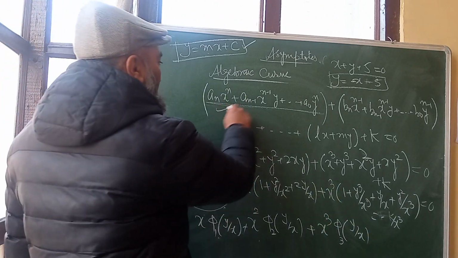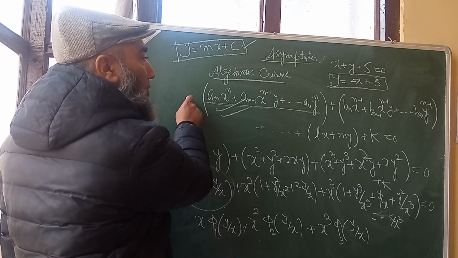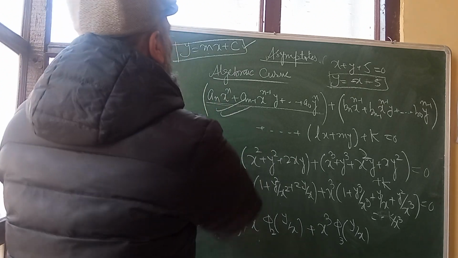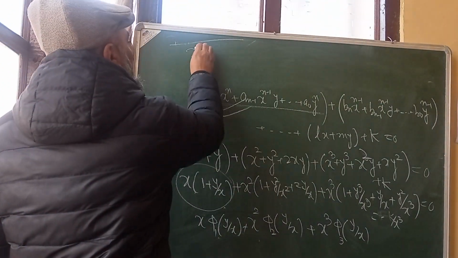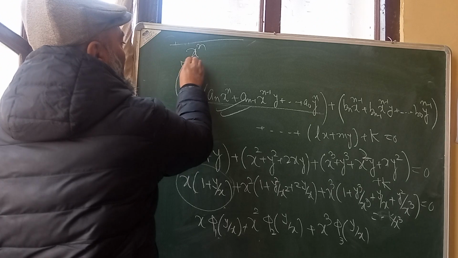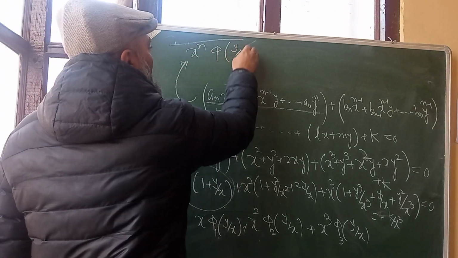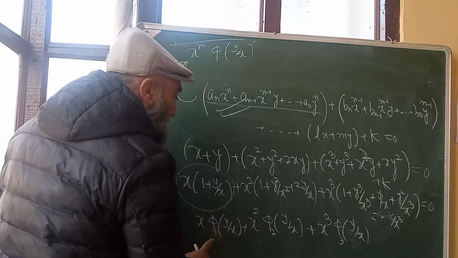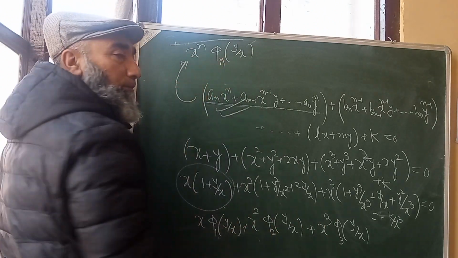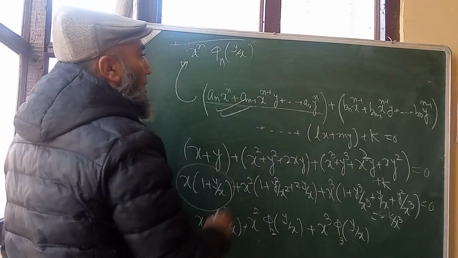So this equation can be written in this form also, because if you take x raised to power n from this, you can write this equation in this form. X raised to power n, some function of y by x, and its degree will be n, because every term is of degree n.